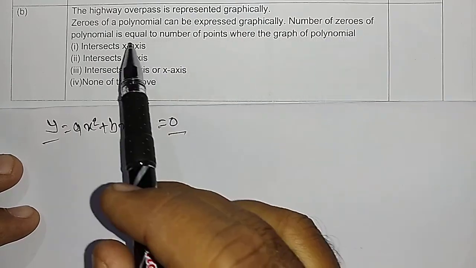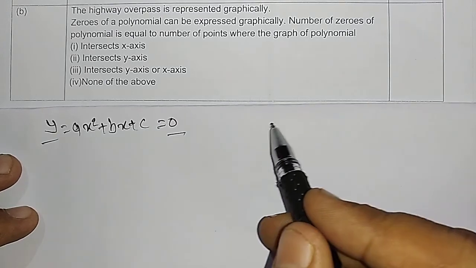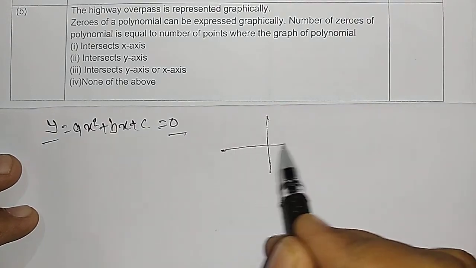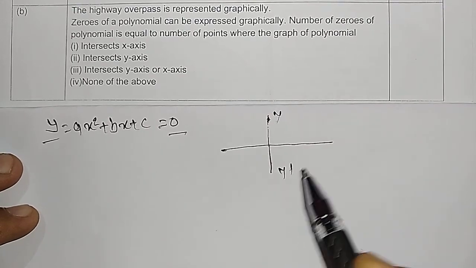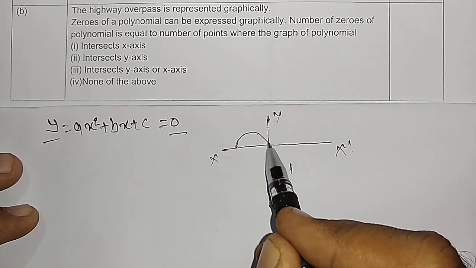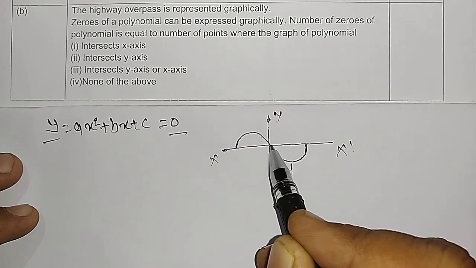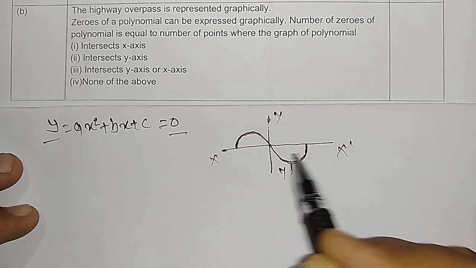Number of zeros of a polynomial is equal to the number of points where the graph of the polynomial cuts the x-axis. As you know, when we draw a quadratic equation as a graph, this is the y coordinate axis and this is the x coordinate axis. We will get a drawing like this, which is parabolic in nature.